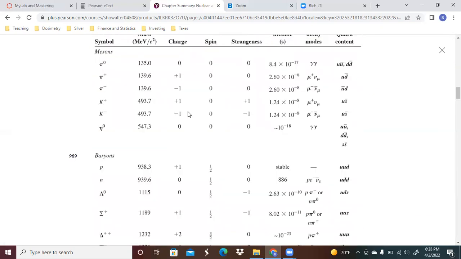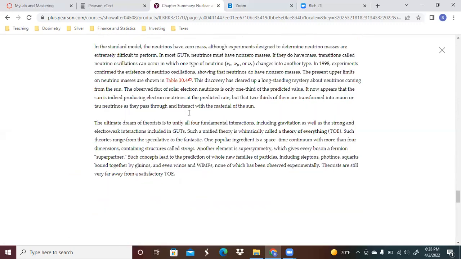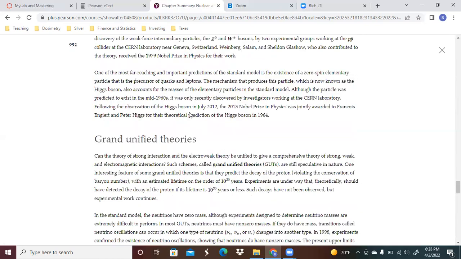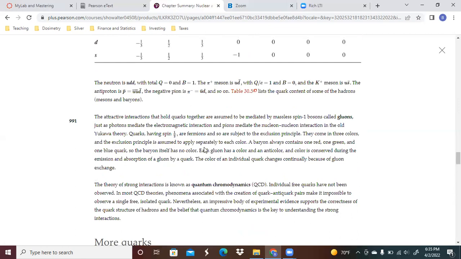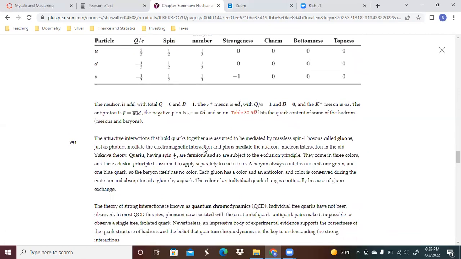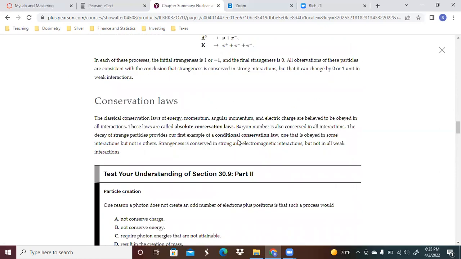You have several different types of fundamental particles here. They're all generally described here. You've got quarks, and you've got your conservation laws, which do come into play.